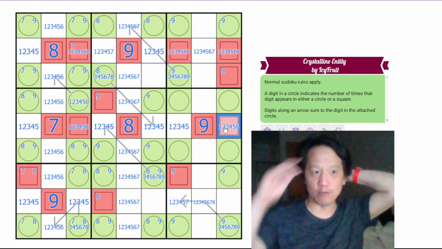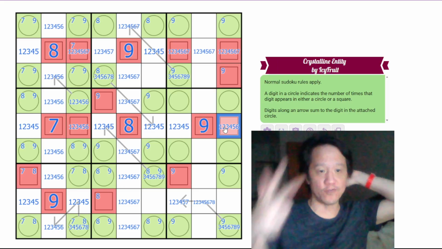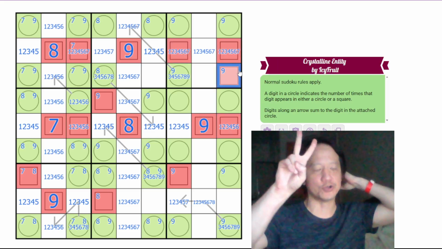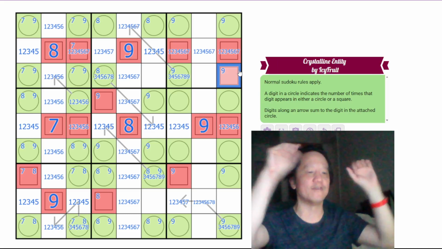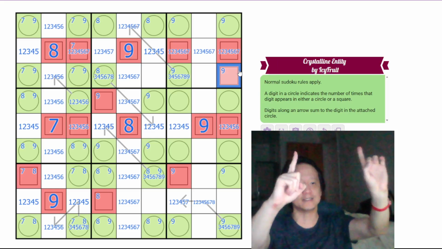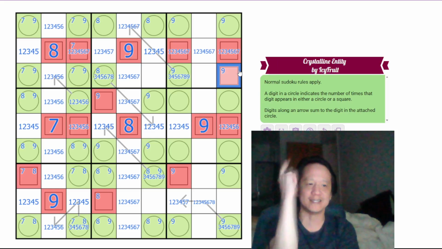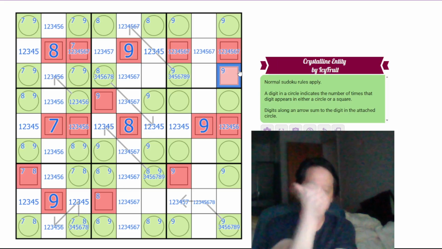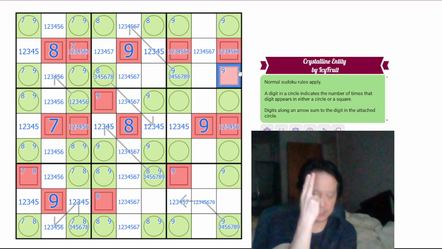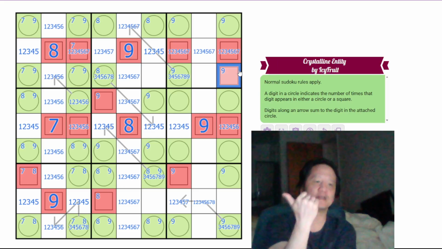So, and that's not from 1, 2, 3, or 1, 2, or 4. So you're missing one square here, and then one square here. That's 2 squares that you're missing. So that means you can have at most 8 gained. If it's 3 digits not within circles, it specifically has to be 1, 2, 3. If it's 2 digits that are missing, it specifically has to add up to 6 at most.